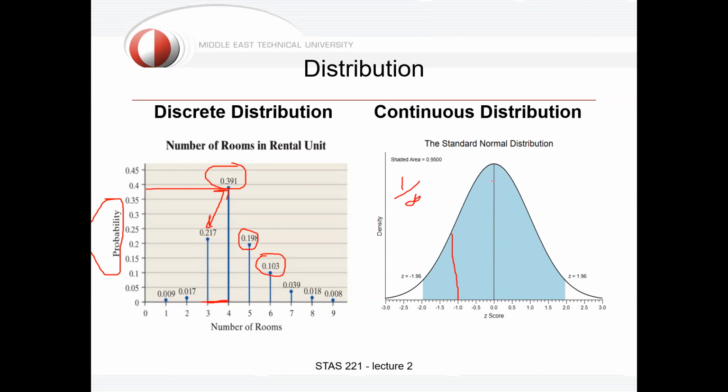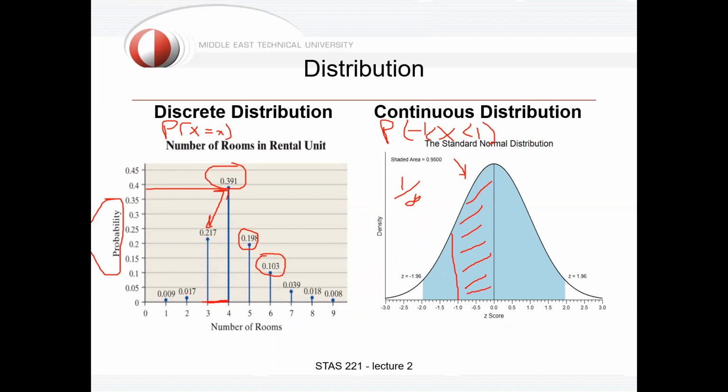But when you talk about a specific interval like -1 to 0, then it's possible to find the probability. So in discrete distribution, it is possible to define the probability just for a point. But for continuous distribution, we need an interval. Let's say, for example, x between -1 to 1. Otherwise, it will be 0.